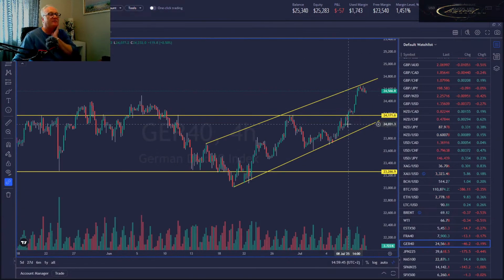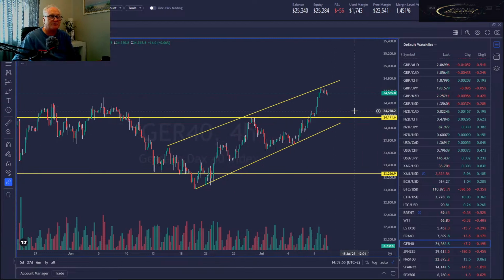The German DAX, totally right what someone said. We are in a bull trend. And you want to be taking buy trades in a bull trend because the trend is your friend. And if you go against the trend, there's a high possibility that you will probably lose. But markets being 50-50, it is in the short term bearish going down to the bottom level here.